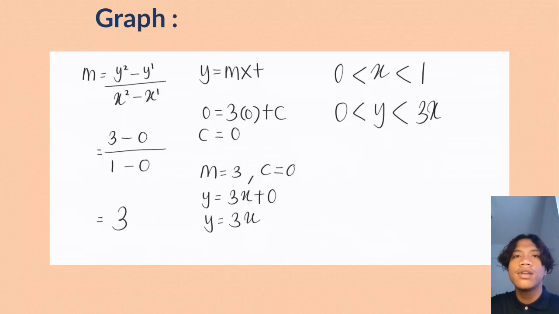Then we put all the data we get, m equal to 3 and c equal to 0, into y equal to mx plus c, we get y equal to 3x. So for the limit for y, we can see it is from 0 to 3x. Okay, for x we can get from 0 to 1. For y is 0 to 3x.